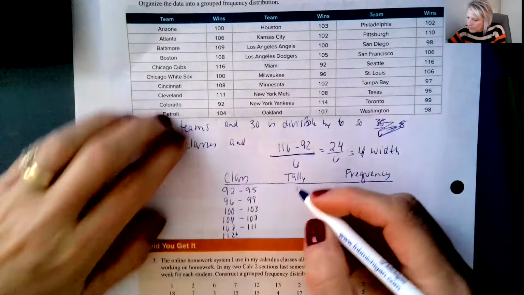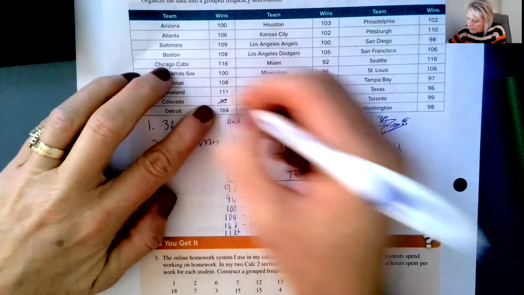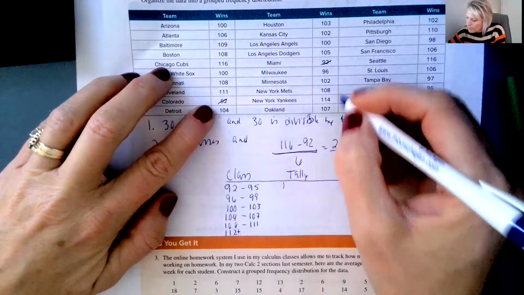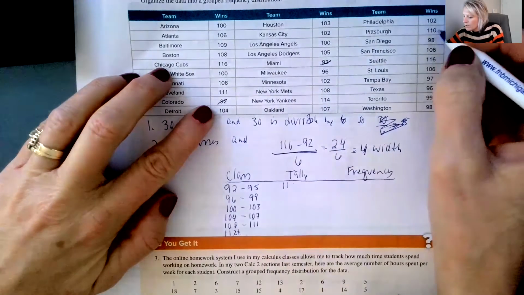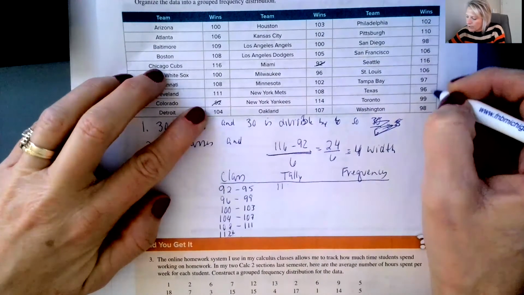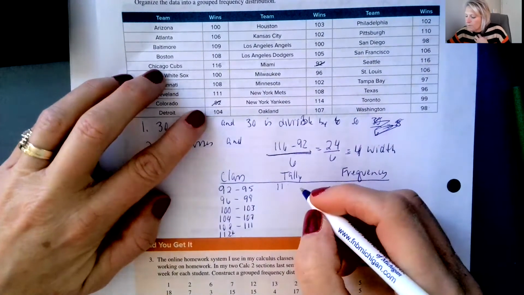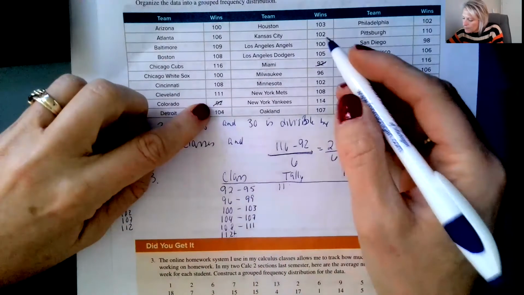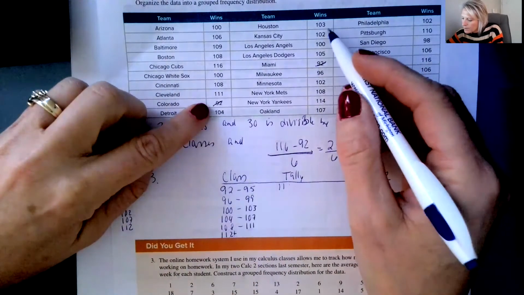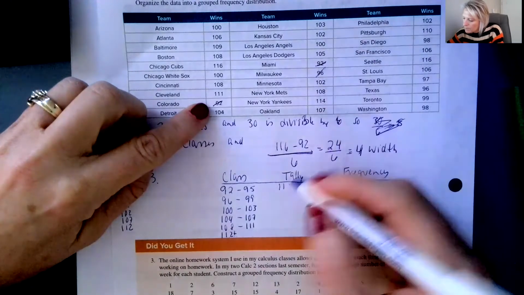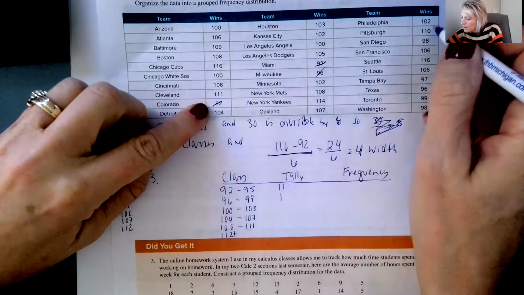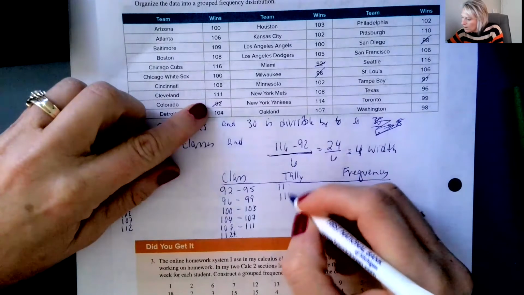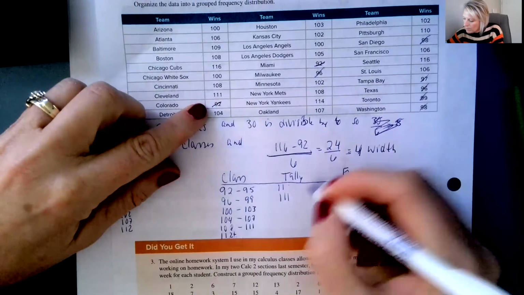So I've got 92 to 95 is what I'm looking at here. 92 to 95. So I see 2. Then 96 to 99.